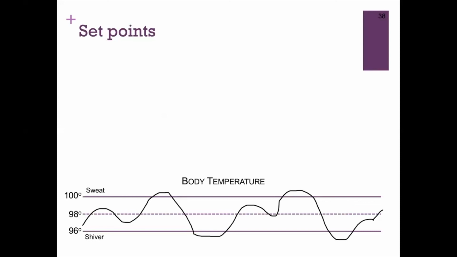A lot of the bacteria and viruses don't respond well to heat, and they actually will end up dying off because of the increase in temperature. So, when we start to notice that we have these viruses within the body, what we can do is change the set point of our temperature to a higher point in order to increase our body temperature to kill off the virus that's there.